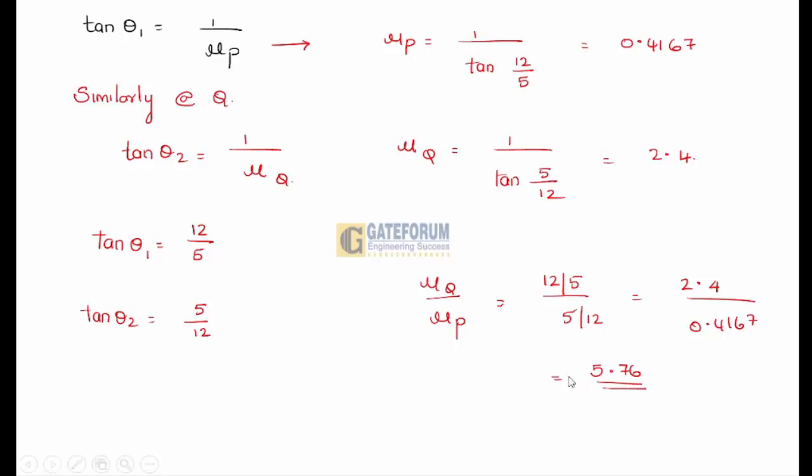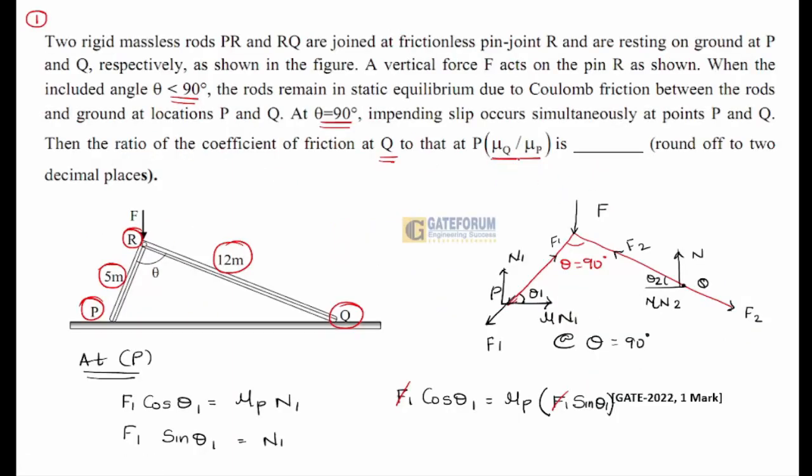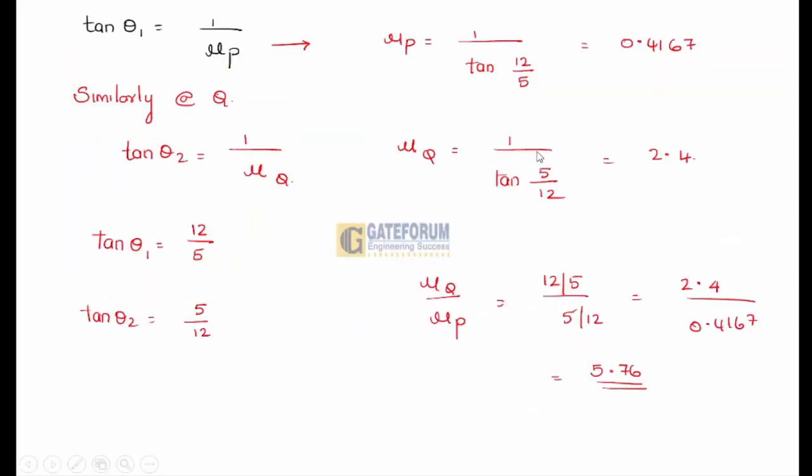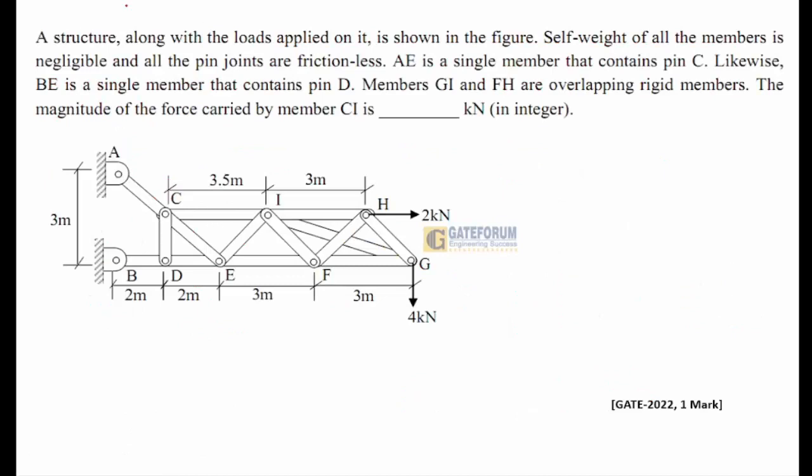So he is asking you the ratio, that will be 5.76. This will be the answer for the given question here. Any doubts? You can ping. Got it? 5.76. Moving to the next question.